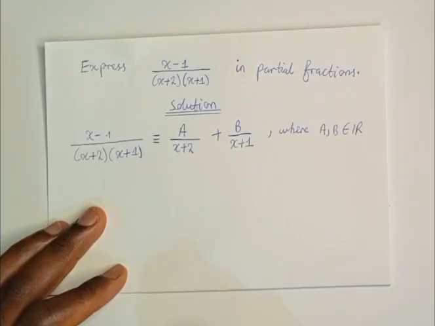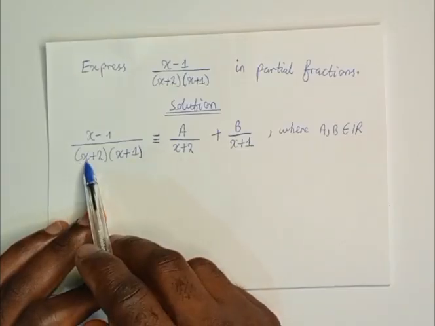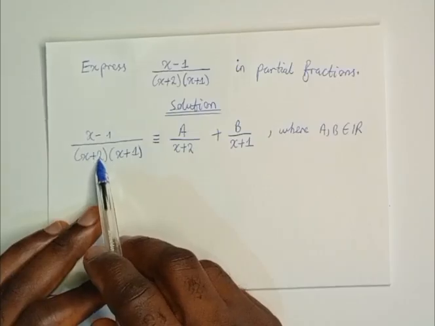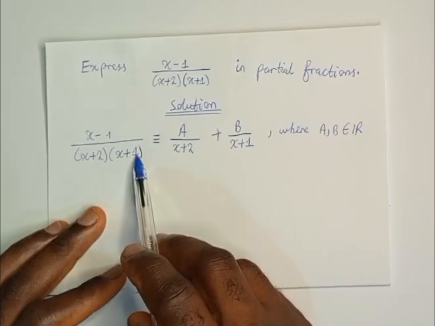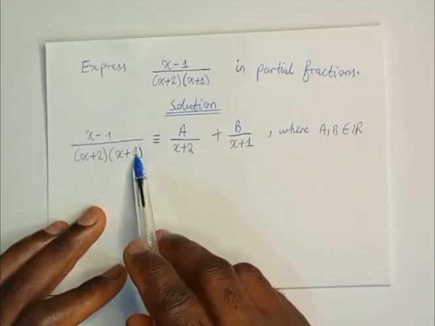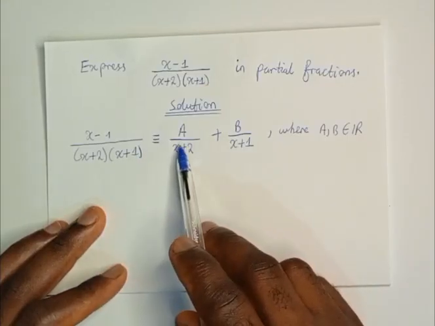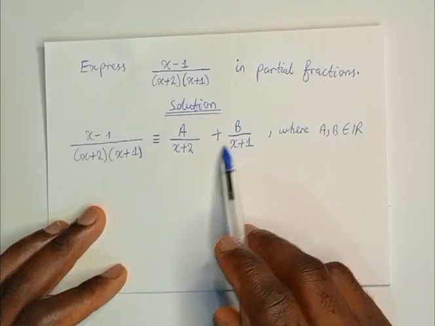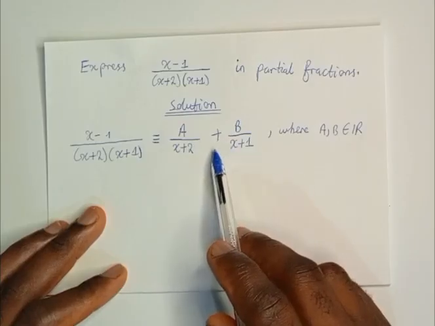The next step, we are going to multiply both sides by (x plus 2)(x plus 1). This is simply because (x plus 2)(x plus 1) is the LCM of the denominators of what we have at the right hand side.